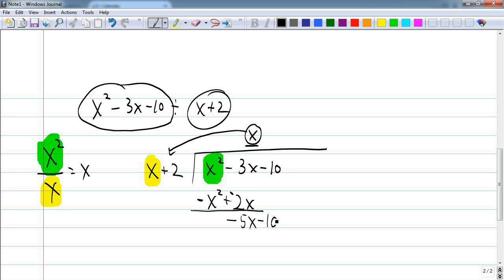And then I just repeat the process. The leading term of my divisor hasn't changed, but the leading term of my dividend has changed.